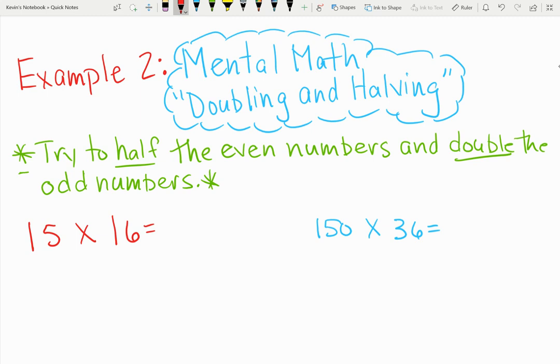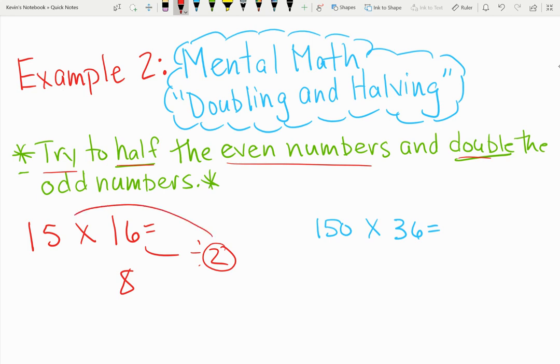So if I'm using try to half the even numbers and double the odd numbers, I'm going to divide by 2. So 16 divided by 2, half, we know, is 8. Okay, so going over here, I can't just say I'm dividing my second factor by 2.